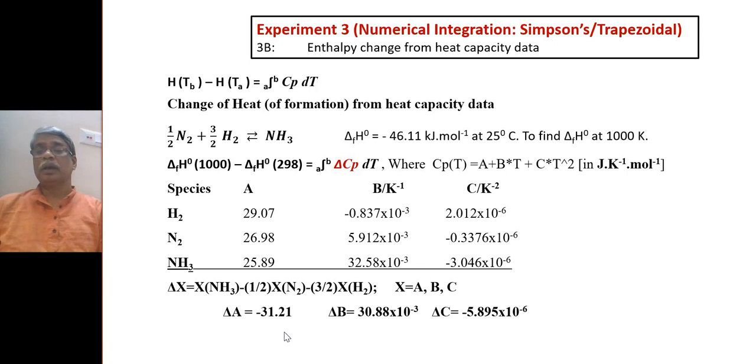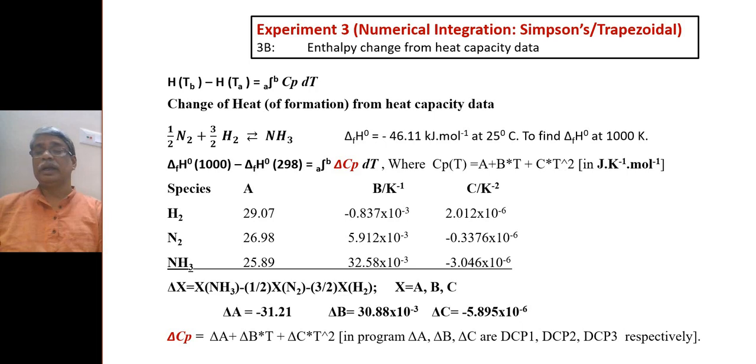So finally, if you evaluate delta A by using this formula, you will get like this. That means these three values you use along with this coefficient properly. So you will get delta A, delta B and delta C like this. Now you have to evaluate delta Cp. So that is nothing but delta A plus delta Bt plus delta Ct square.